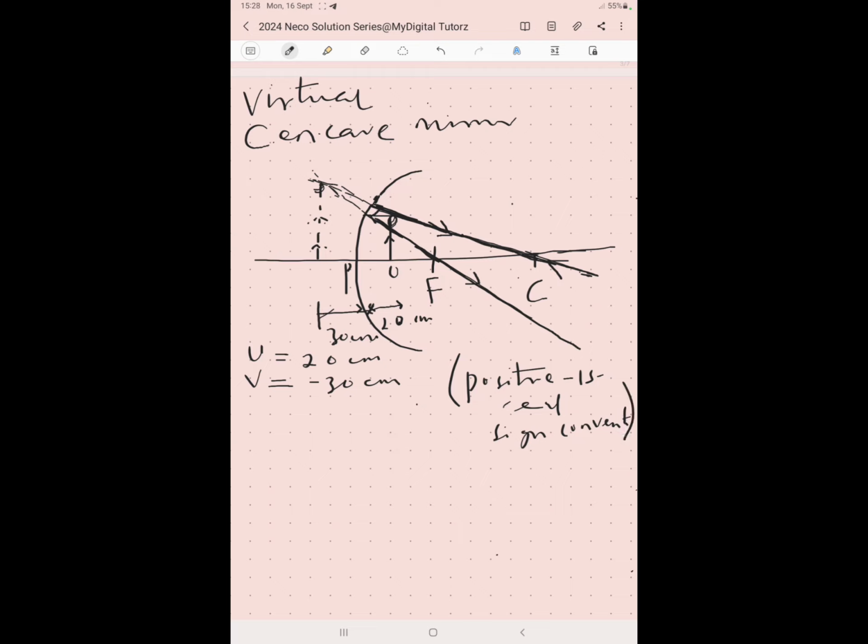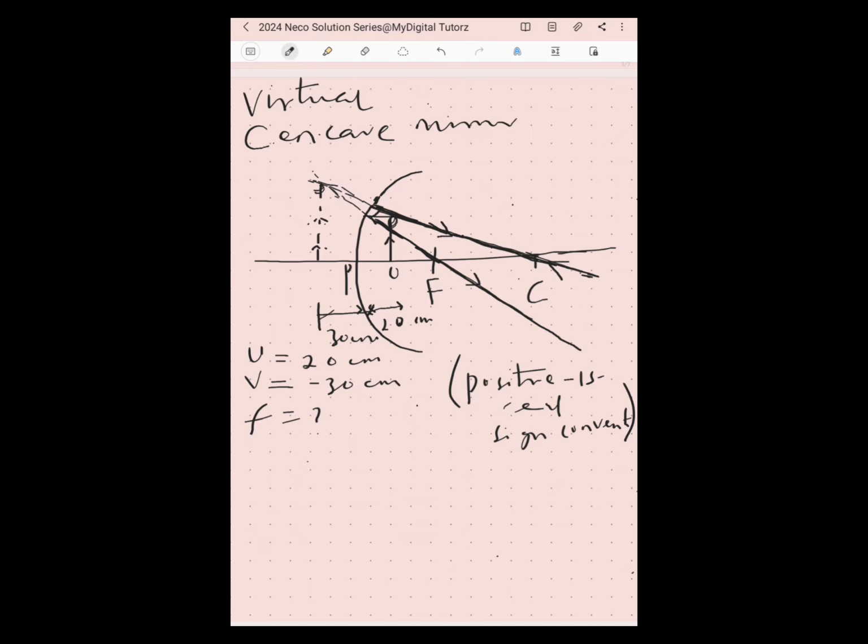Right? So then focal length, we don't know. The question says we find the radius of curvature r.